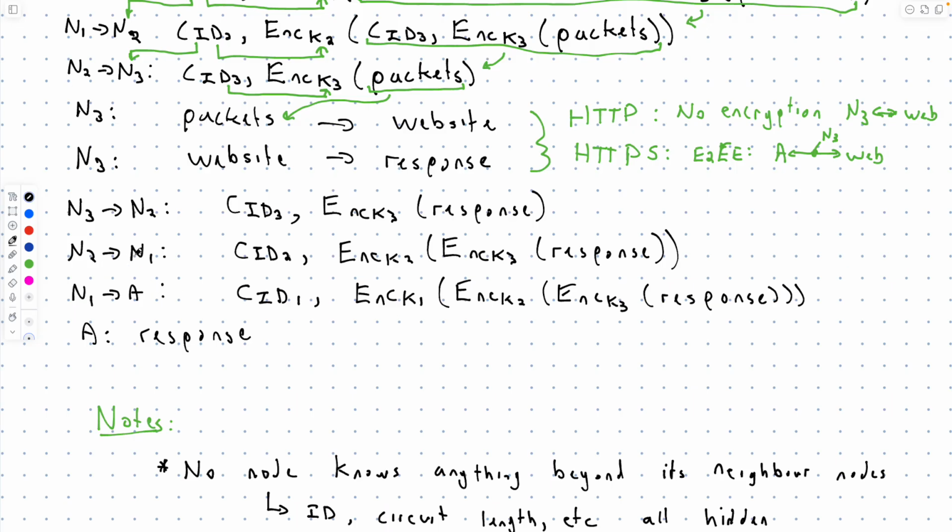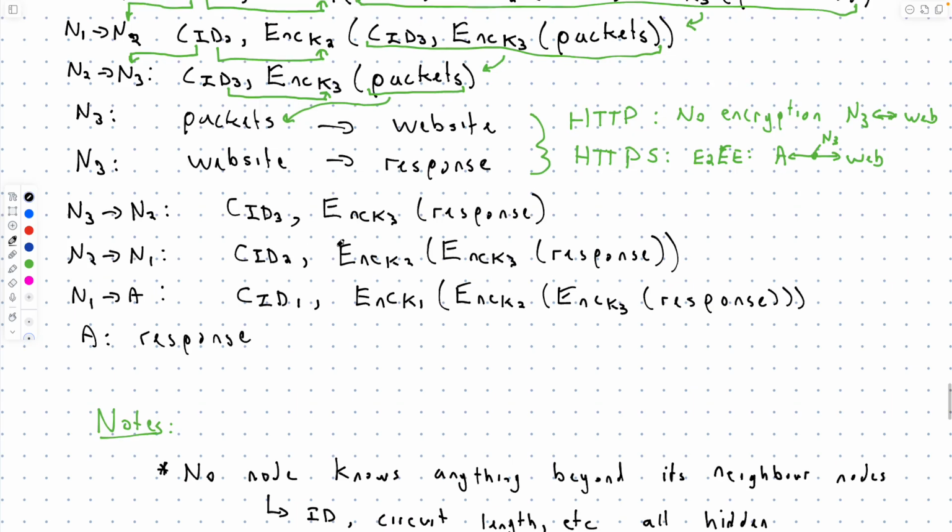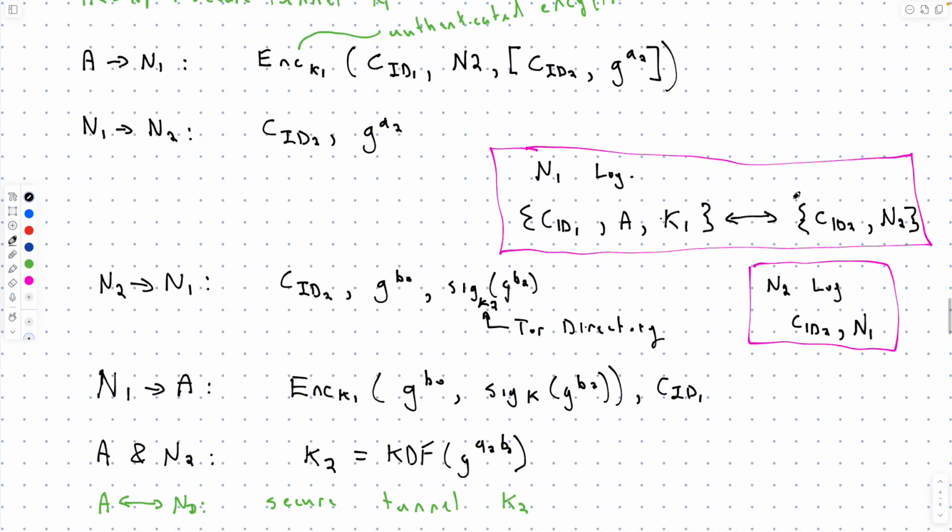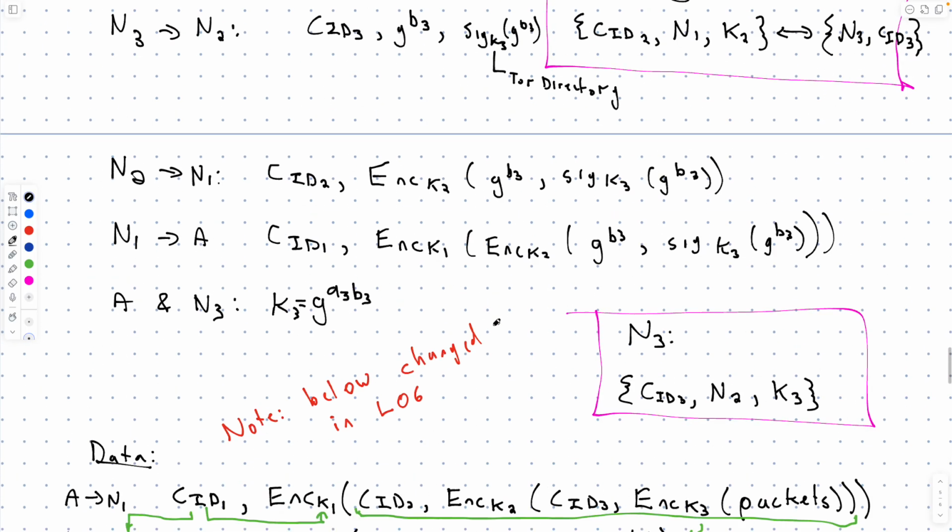Then node 1 receives it. So node 1 sees this. Node 1 can't decrypt this at all. It has no idea. It doesn't have K2. All it sees is CID 2. So node 1 will go into its database and say, okay, I have a record for CID2. It's coming from N2, which is where it came from. What I need to do is send it to Alice, and I'm going to mark it with CID1 and encrypt it with K1.